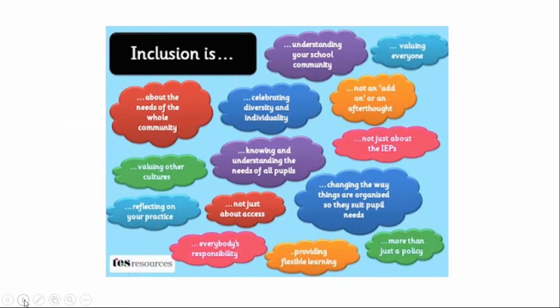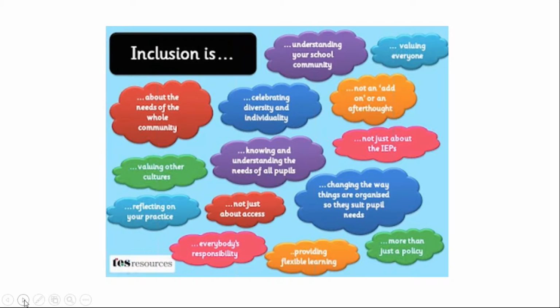So as a recap, the main thing to think about is what inclusion is. As you can see from this image, it goes a step further than just making sure that no pupil faces discrimination.